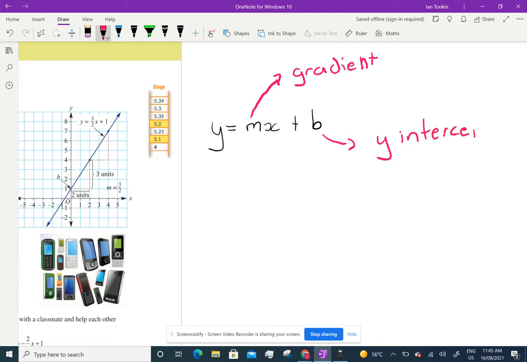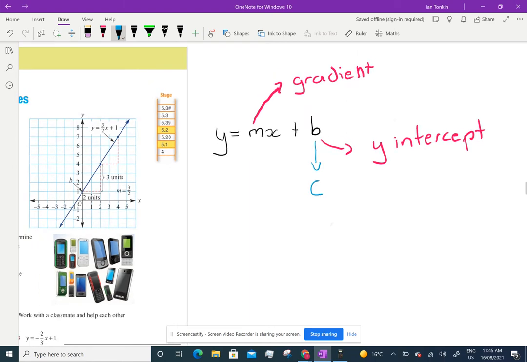If you can get that straight away, you can graph these things. Next year, you are going to see that equation with the letter c instead of the letter b. It doesn't matter what letter you put in there. It just represents the y-intercept. So we're going to have a look at that.